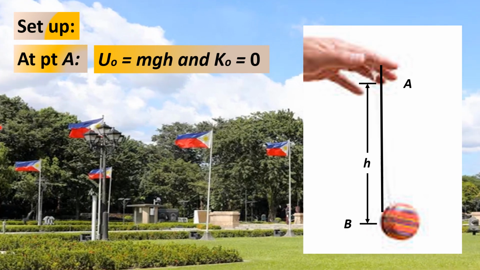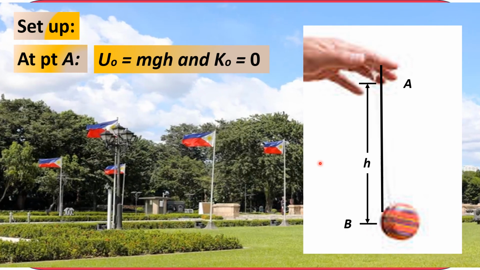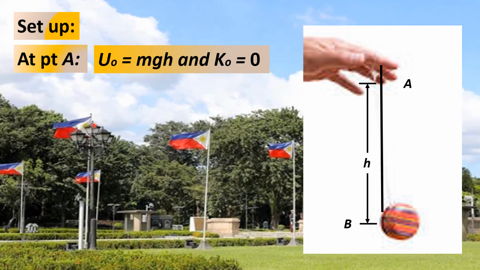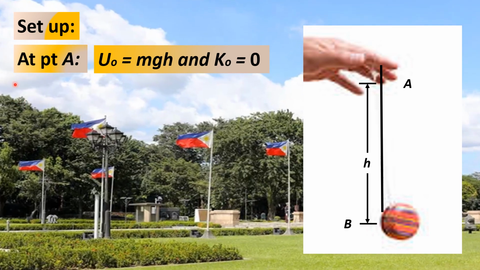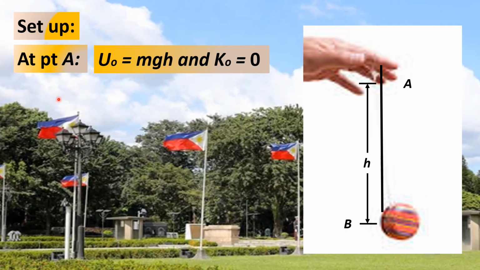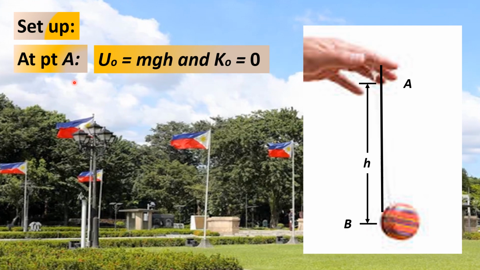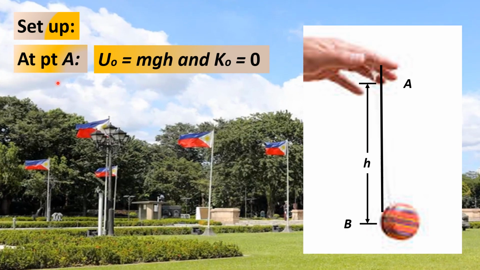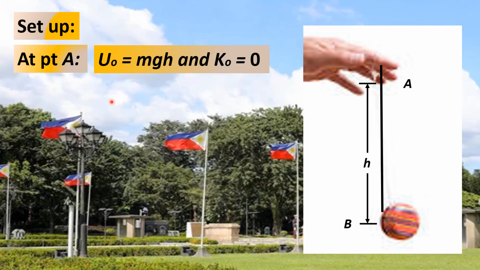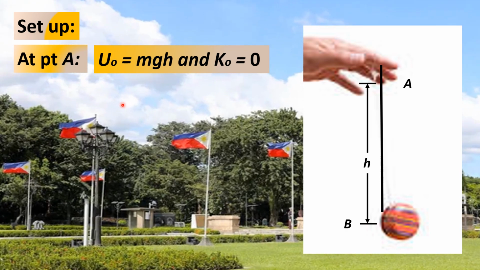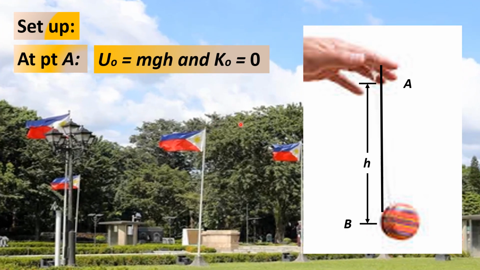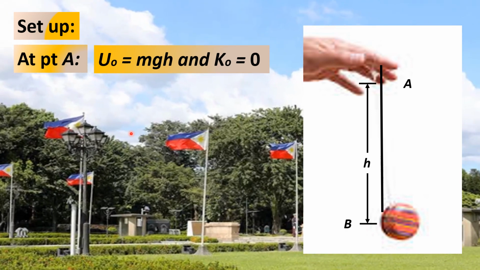So we say that at point A, the gravitational potential energy of the yo-yo, denoted by capital U naught, is expressed as mgh, or the product of the mass, acceleration due to gravity, and the height h. And its initial kinetic energy, K naught, of course, is equal to 0 because the yo-yo starts from rest.